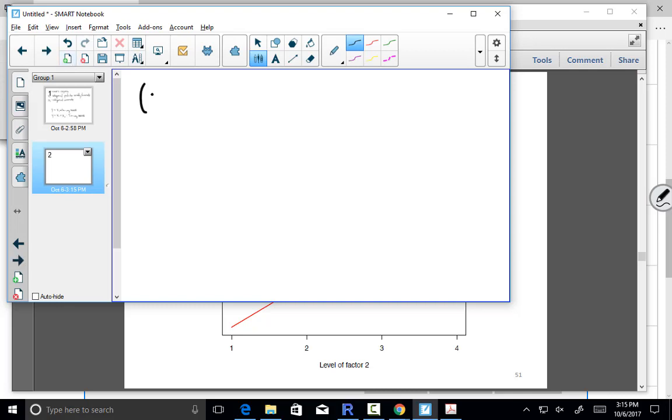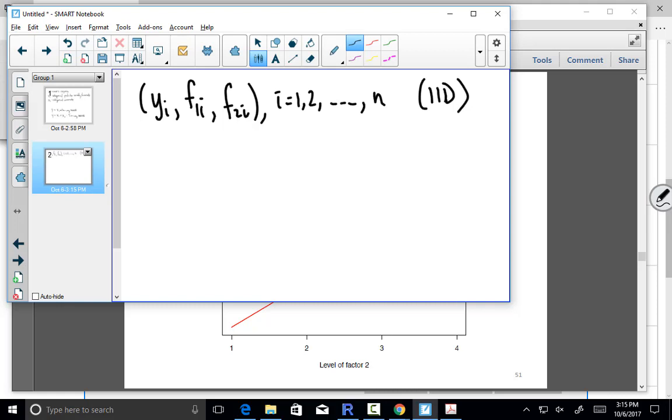I would have for individual i the response and the factor 1 value and the factor 2 value. So I don't mean to say anything against it, it's not a consideration of independence or not. It's all about the effect of the different variables.